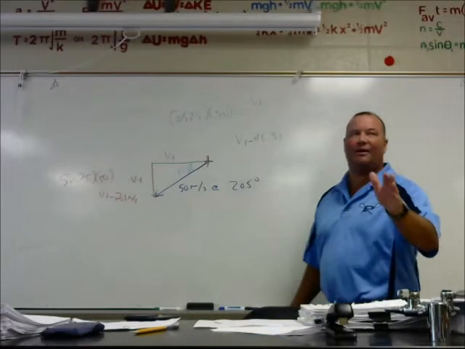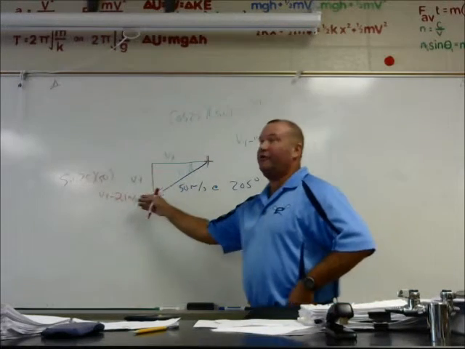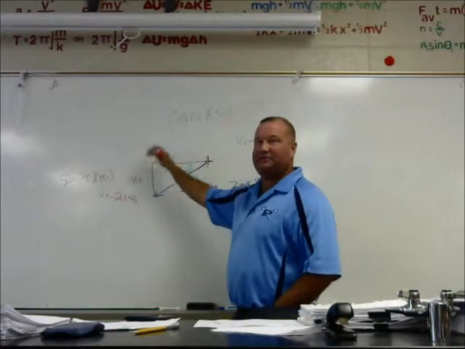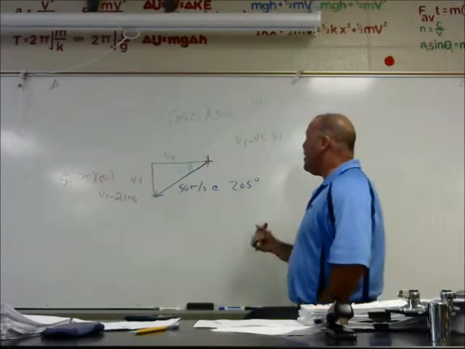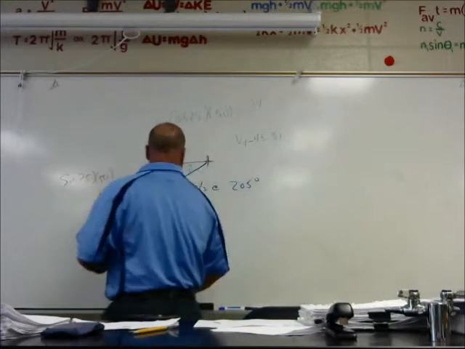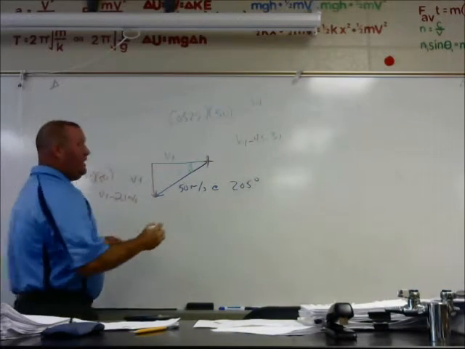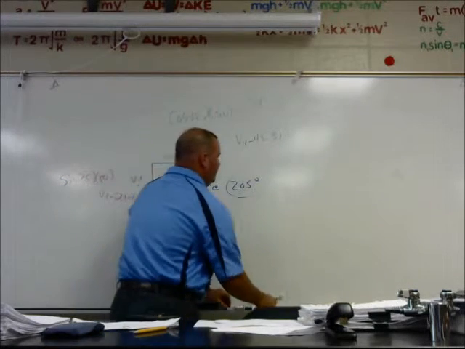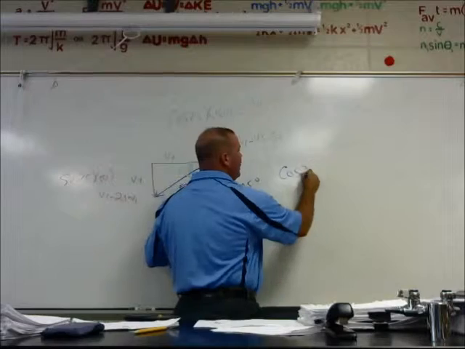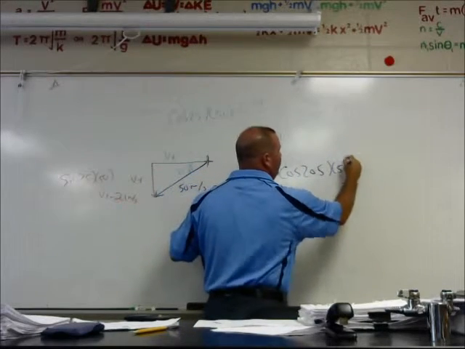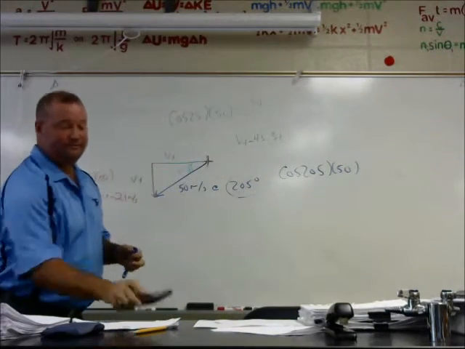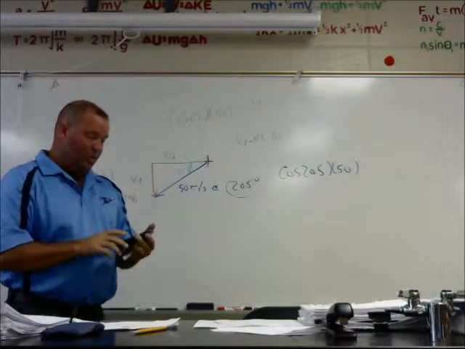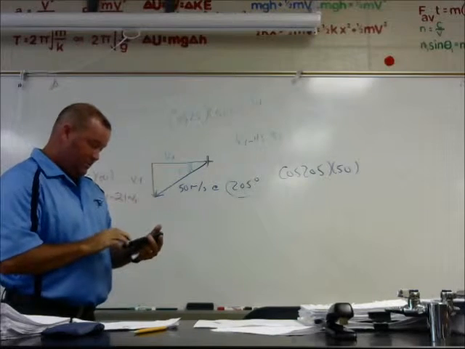Perfectly fine to do it that way, but you've got to remember, quadrant 3 is negative, negative. If it were in quadrant 2, I'd be negative x's, positive y's. However, if you just take the angle they give you and say cosine 205 times 50, you get the negative already.